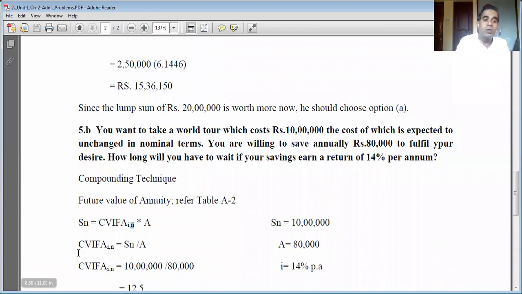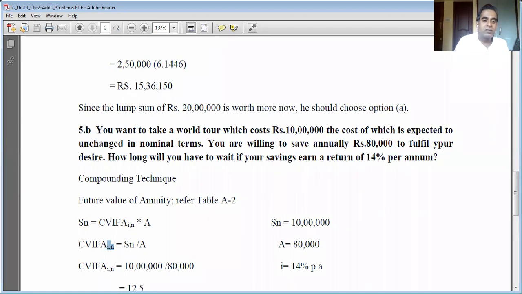Since we don't know small n, we are going to rewrite this formula. You might have done it previously in 8th, 9th, 10th, or maybe in quantitative techniques. We need not write small i, small n, but since we are going to find out small n, I am writing this.